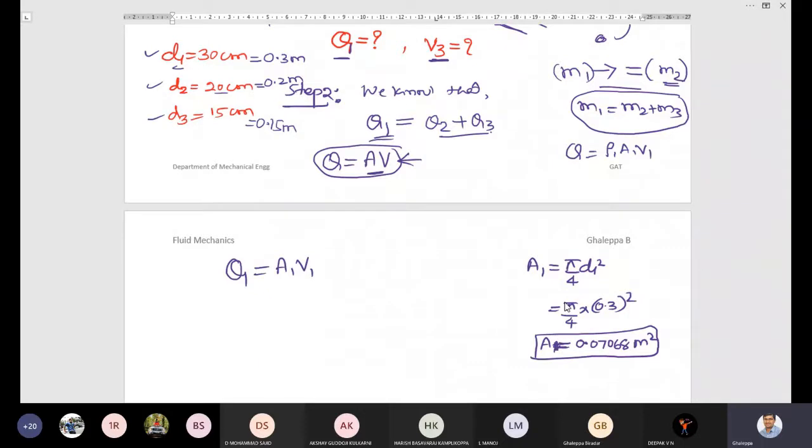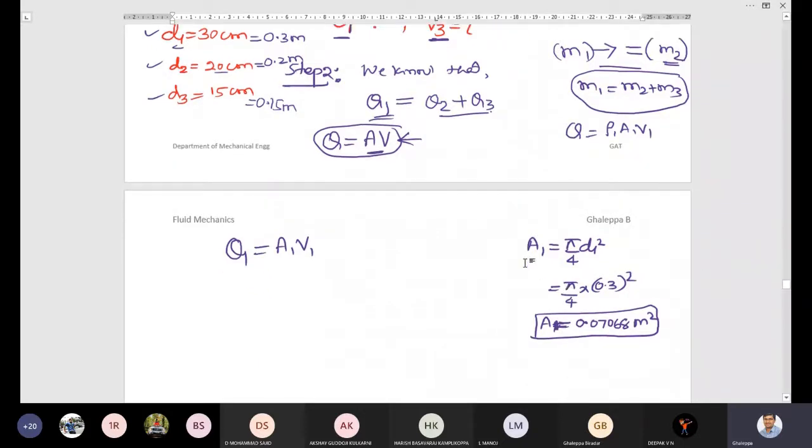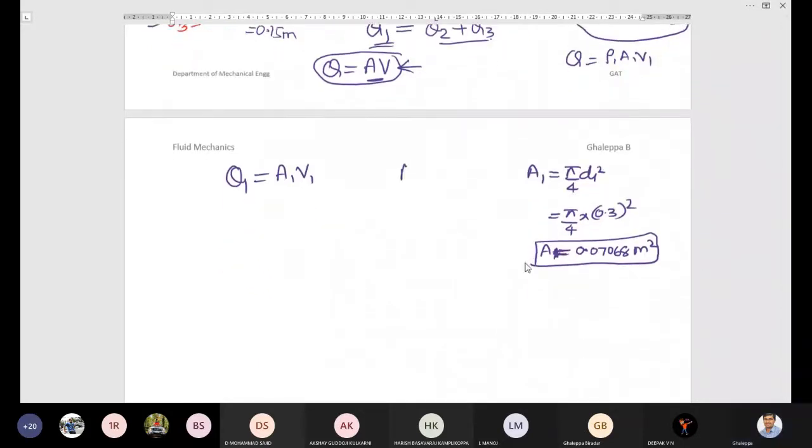Similarly, calculate the area of the second pipe, A2 is pi by 4 D2 square. Pi by 4, the diameter of the second pipe is 0.2 square. Then A2 is 0.034 meter square, because I have solved this problem.